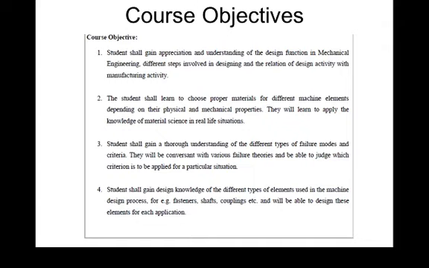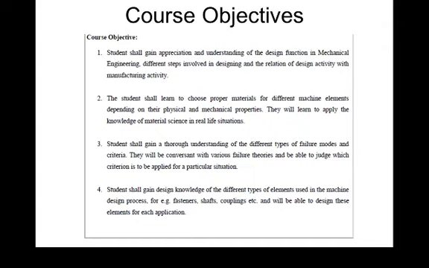They will learn to apply the knowledge of material science in real life situations. Now, a very basic thing in mechanical engineering: for any component, when the component fails, the first question that comes is whether the material is proper or appropriate, whether the properties the material bears are sustainable throughout the life of the component, and whether the properties are going to change with respect to time.